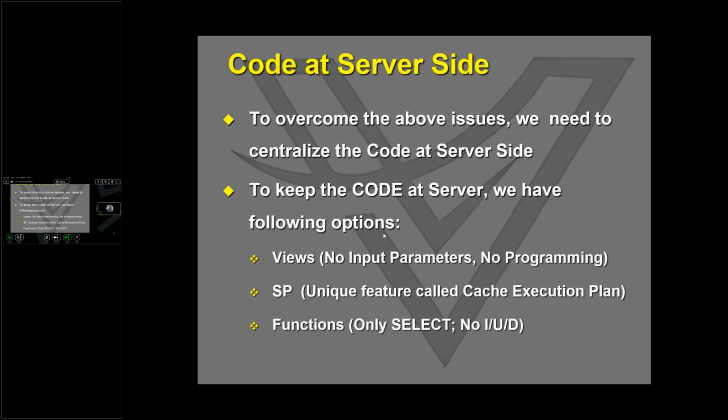When I keep my code at the client side in the ATM machine, then anybody can easily tamper with that code. That is very simple. The performance is also very slow, it will not work properly or fast. But if I keep our code at the server side, in the database, and I want to centralize it, I can have three different options: views, stored procedures, and functions.